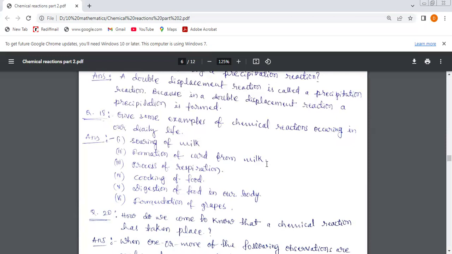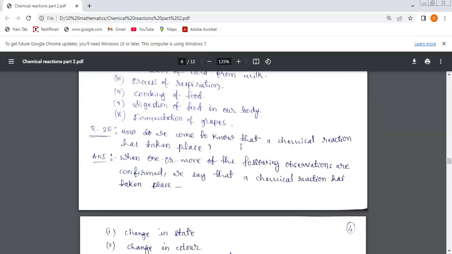Formation of curd from milk is also a chemical reaction. The process of respiration within our body is a chemical reaction. Cooking of food is a reaction. Digestion of food in our body, formation of grapes. All these are natural reactions which take place in our daily life.